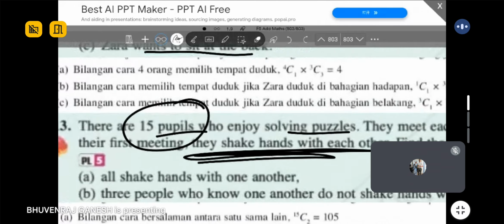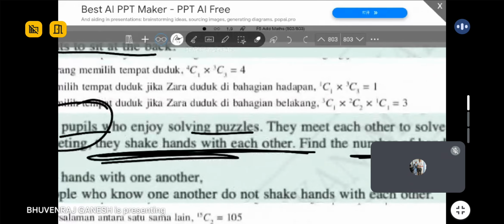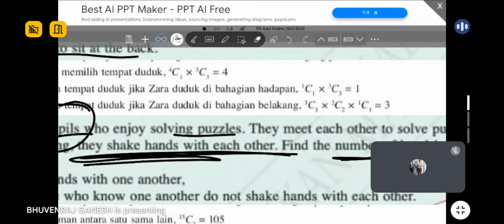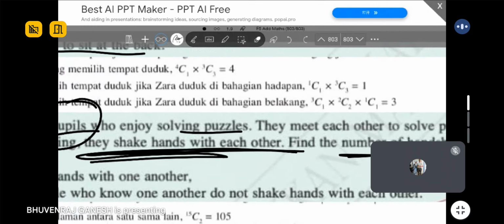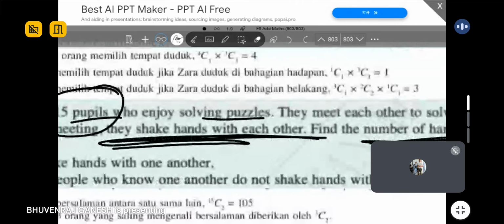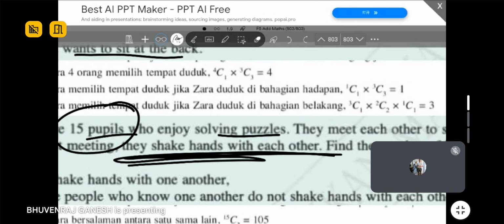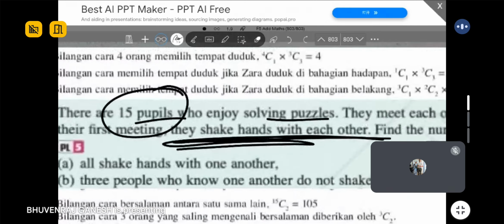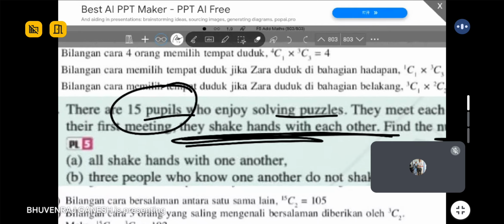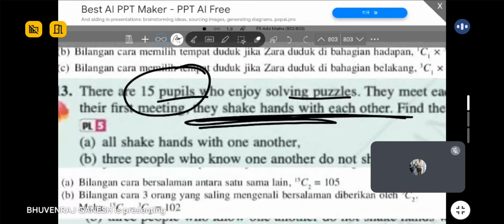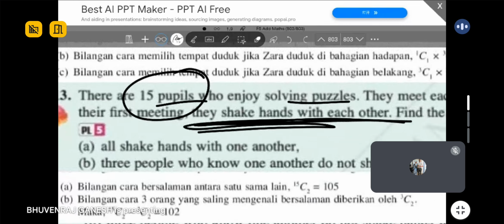Second question. They say 3 people who know one another but do not shake hand. So basically 3 people, choose 2, because only 2 people can shake hand. So you take the answer in A minus 3C2 for part B, because they say do not shake hand.